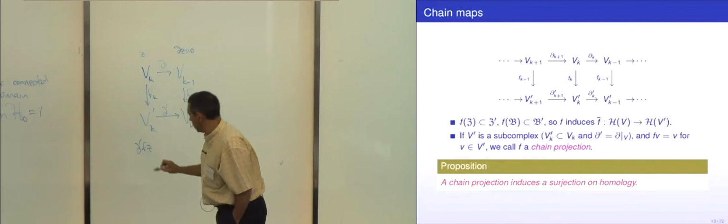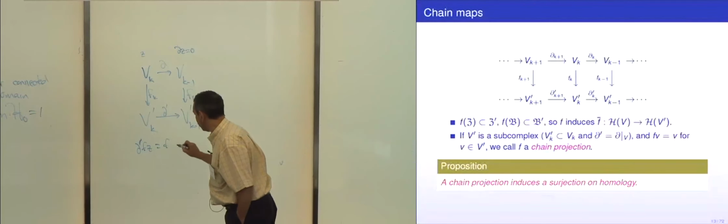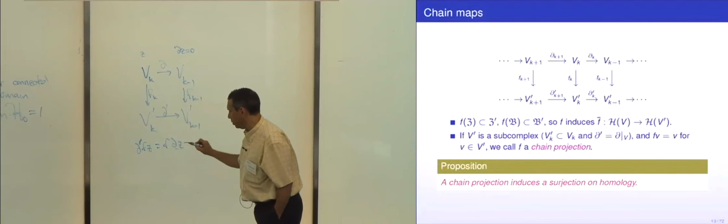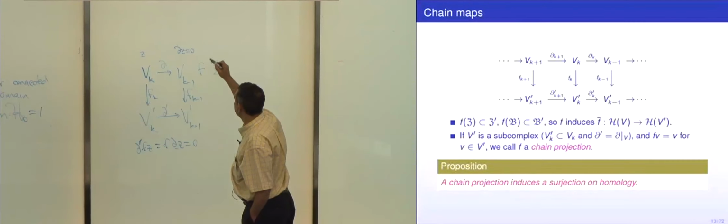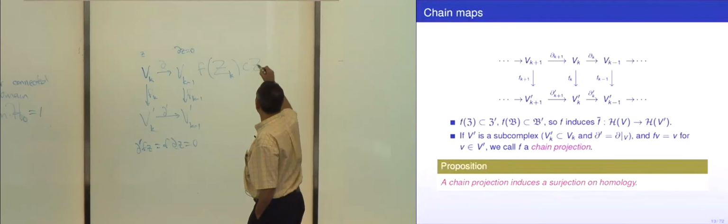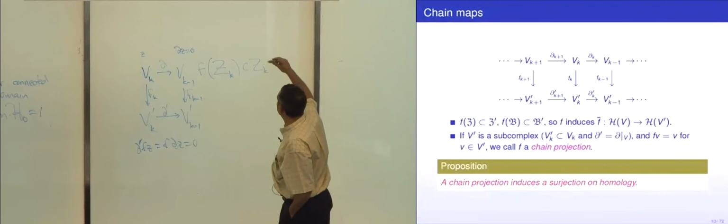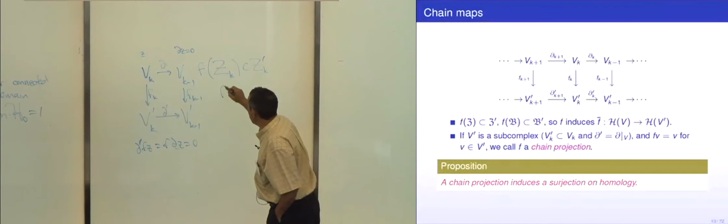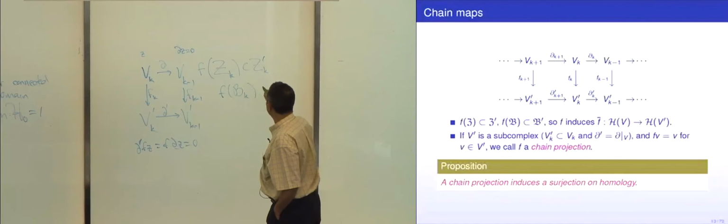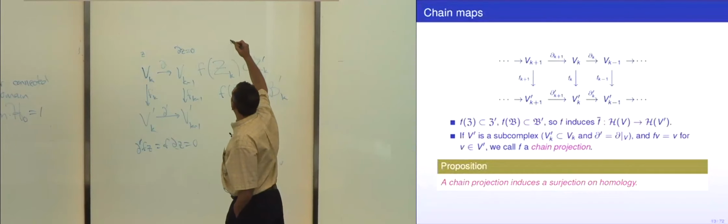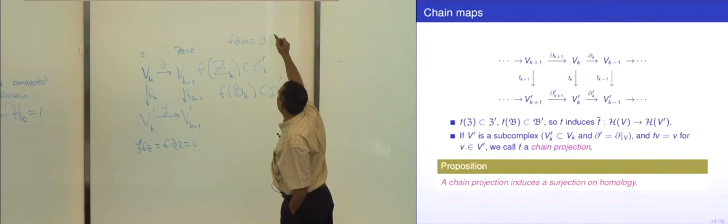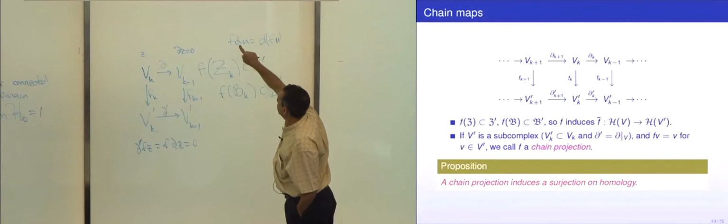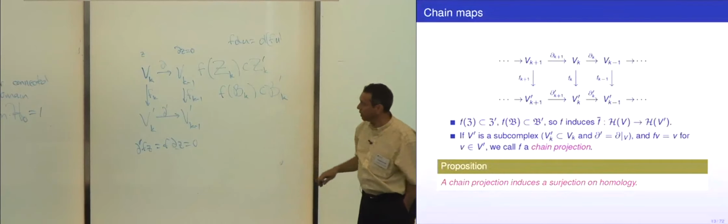Well, D of F of Z is F of D of Z, and D of Z is 0, so that's 0. So F induces a map from cycles to cycles. In a similar way, F maps boundaries to boundaries, because if I do F of D of something, that's D of F of something, and so it's a D. So it takes cycles to cycles.